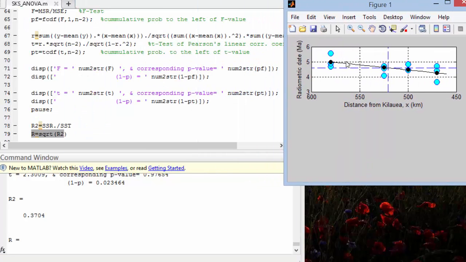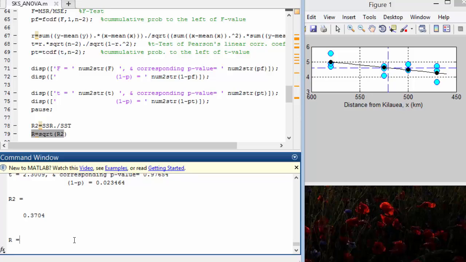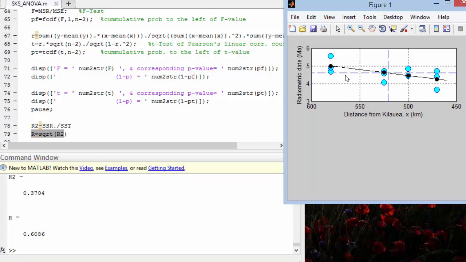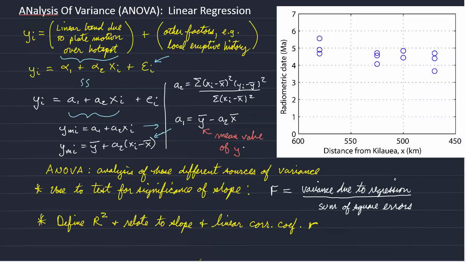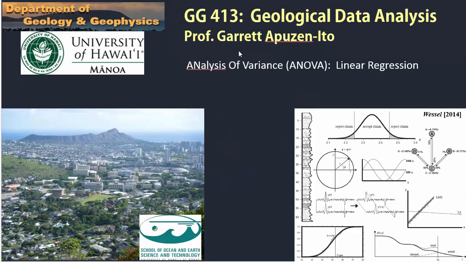And the square root of that gives the absolute value of our linear correlation coefficient, which in this case was about 0.61. So I'm going to go ahead and wrap up here. This is wrapping up the analysis of variance applied to linear regression.